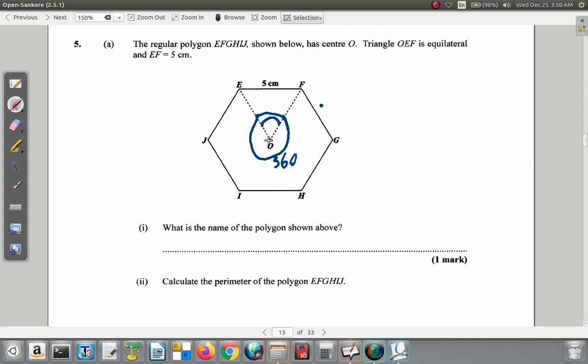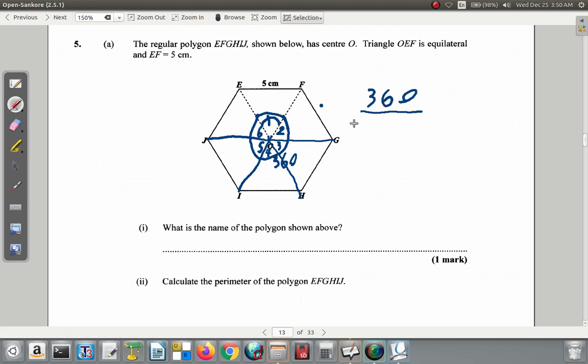Let's see. If you join the center to each vertex, that is to each corner of the polygon, you have one cut, or one slice, 2 slices, 3, 4, 5, 6. You have 6 equal slices. So the 360 degrees have been cut.